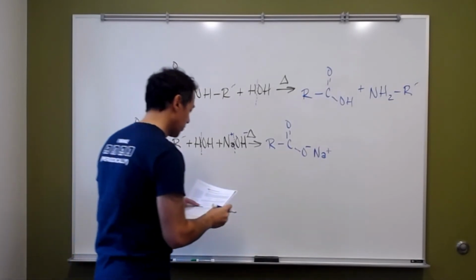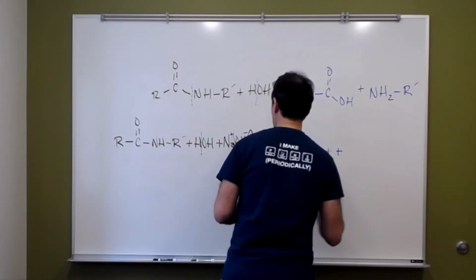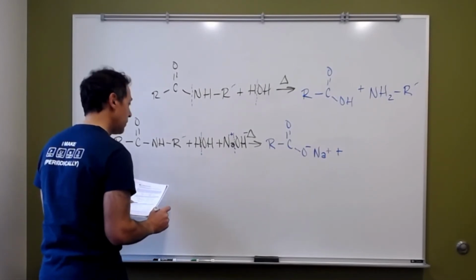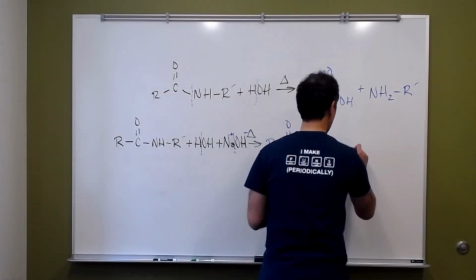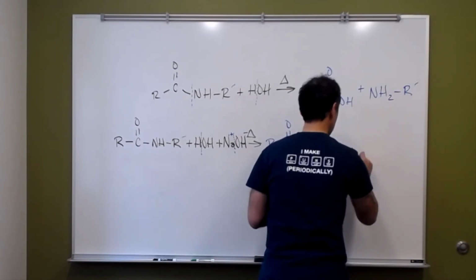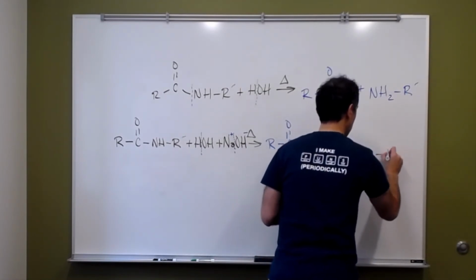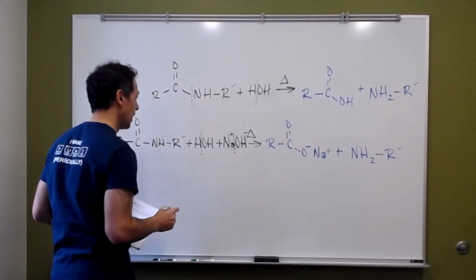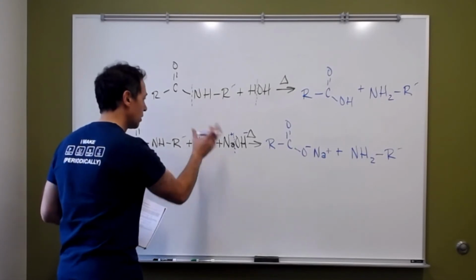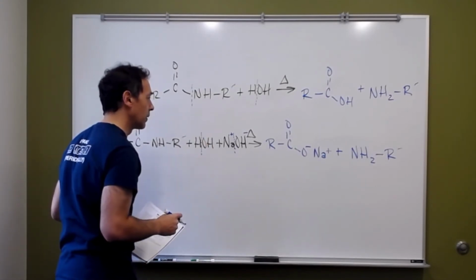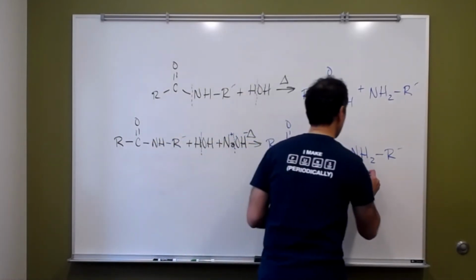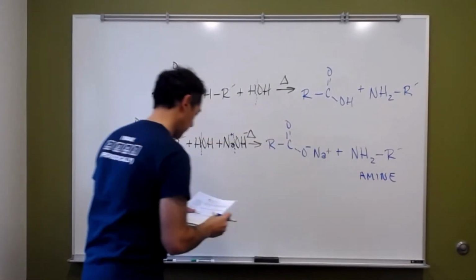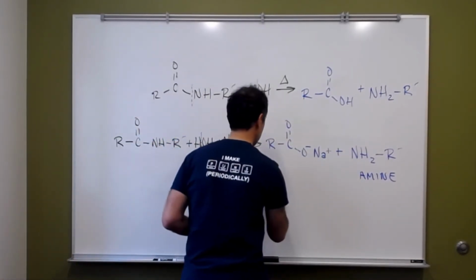And then also we end up with our amine, NH2R. And I think what we have left over is just water. So this would be an amine and a carboxylic acid salt.